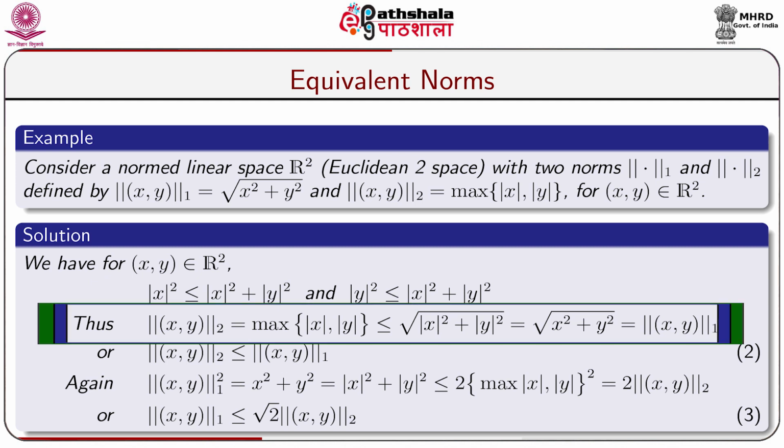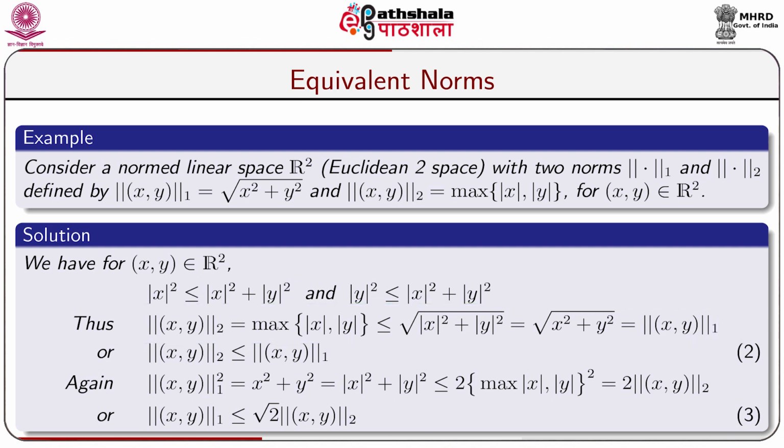Thus, norm of x, y under norm 2 is equal to max of modulus of x, modulus of y, which is less or equal to root over modulus of x square plus modulus of y square, which is equal to root over x square plus y square, and that is equal to norm of x, y under norm 1. That means norm of x, y under norm 2 is less or equal to norm of x, y under norm 1. This is equation number 2.